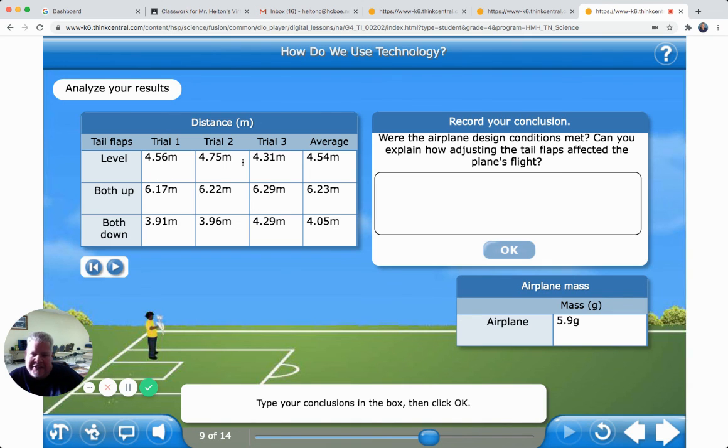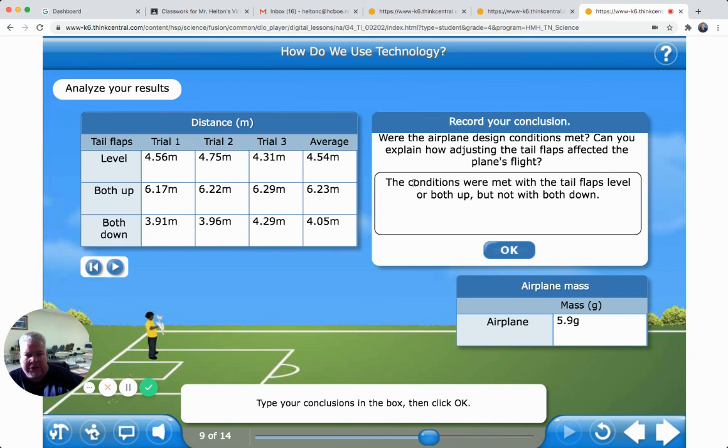But consistently, with both up or level, it went 4 meters each time, both of those times. So were the conditions met? The conditions are met with the tail flaps level or both up, but not with both down.